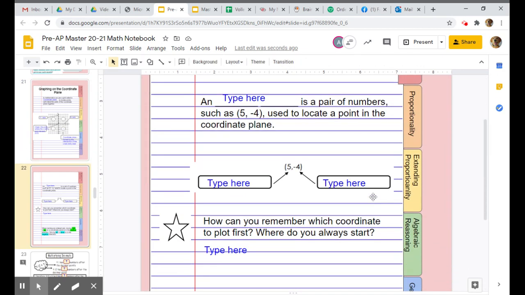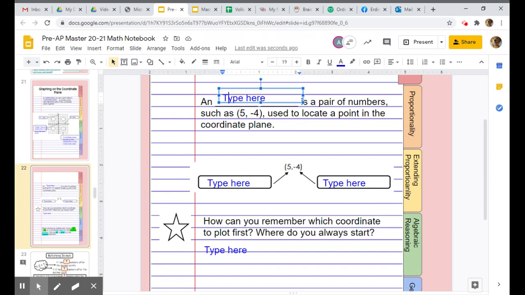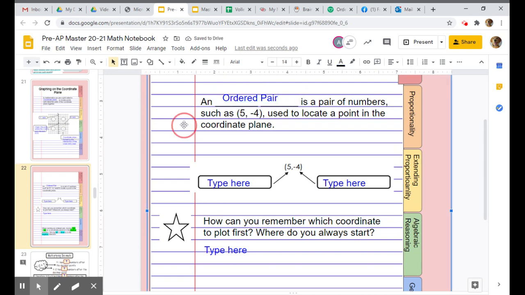All right, moving on. An ordered pair is a pair of numbers such as 5, -4 used to locate a point on the coordinate plane. Okay, so kind of like how we said that 0, 0 was an ordered pair.